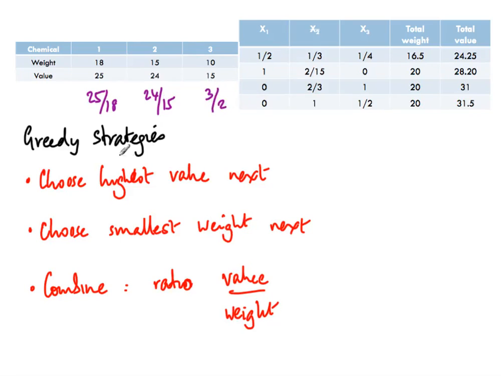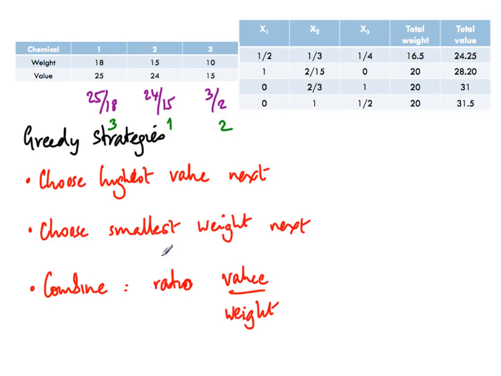right? So if you look at this particular thing, you will see that in this case, this is the highest unit cost, okay, and then this is the second highest unit cost, and this turns out to be the third highest unit cost, right?